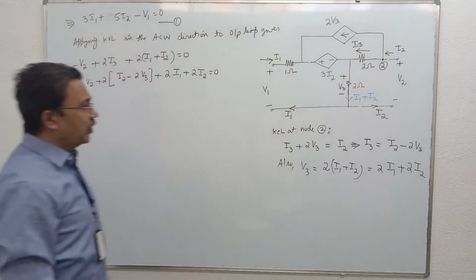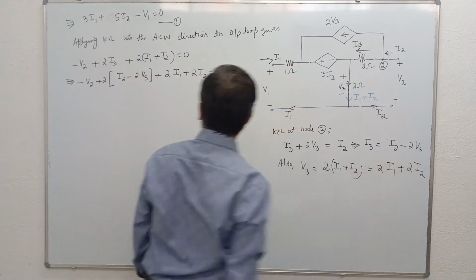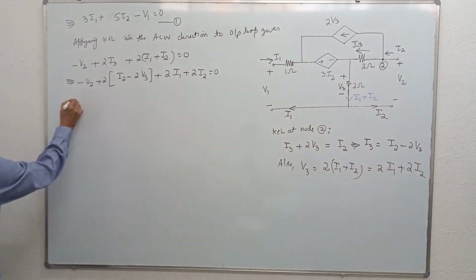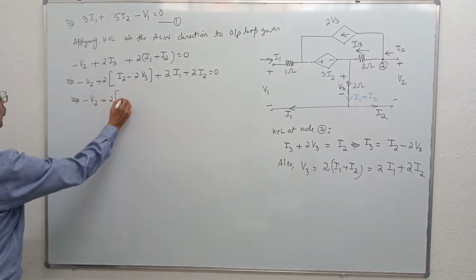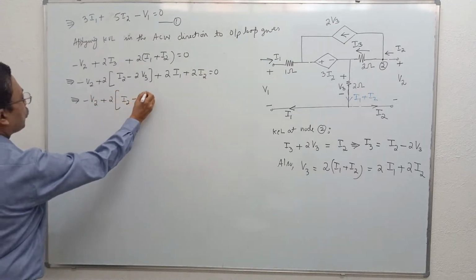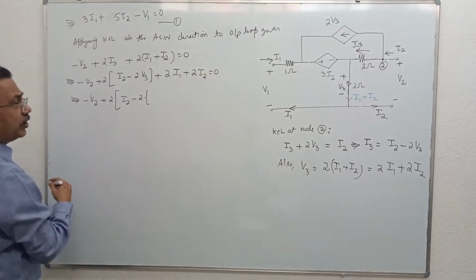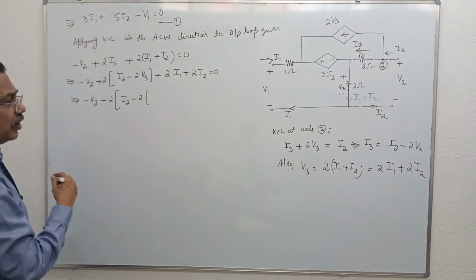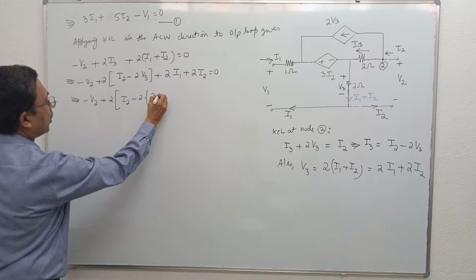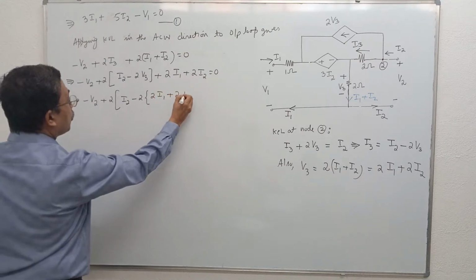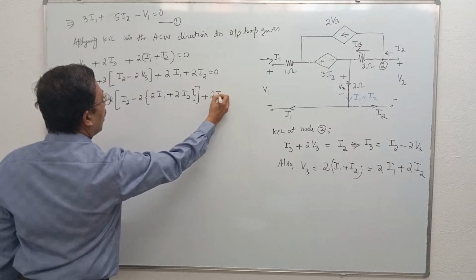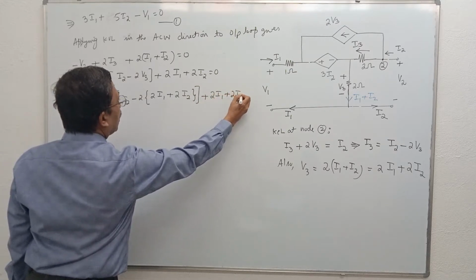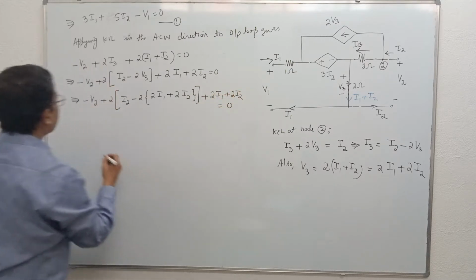What is V3? V3 is 2 times I1 plus 2 times I2. So substitute that. This implies minus V2 plus 2 times I2 minus 2 into V3, V3 is 2 times I1 plus 2 times I2, plus 2 times I1 plus 2 times I2 equal to 0.